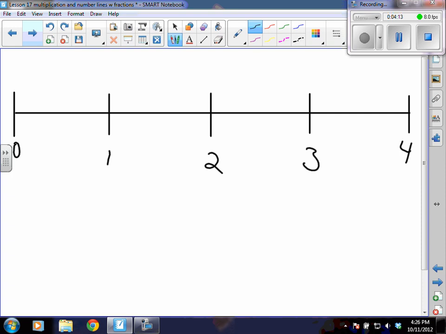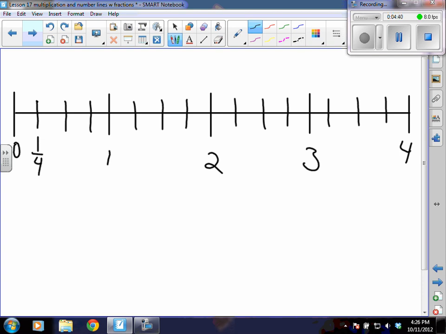If I were to separate my number line into 4 equal groups at each section, I've started a process. Now the question would be, how are we going to name these? If we start at 0, we go 1 out of the 4 spaces. So this would be 1/4.